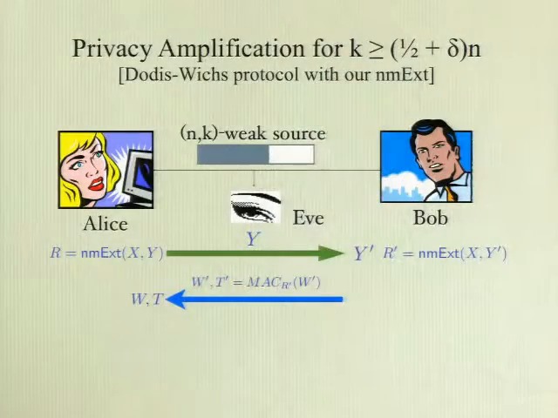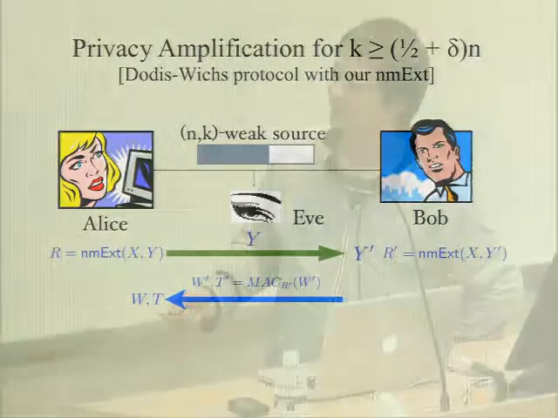Then in the next round, Bob chooses some w prime, a uniform random string from his own local random bits. Bob sends w prime together with a tag t prime to Alice. This tag is computed by using the output r prime as a MAC key to get a tag for his message w prime.